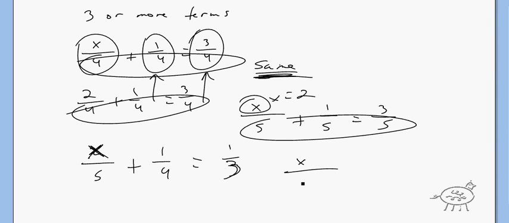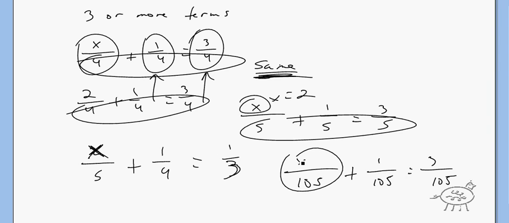x over 105 plus 1 over 105 equals 3 over 105. What's the answer? Isn't it 2? Isn't that x equal to 2? Because 2 over 105 plus 1 over 105 equals 3 over 105, of course. So the deal is, we need a common denominator, which we've been working with for a long time.